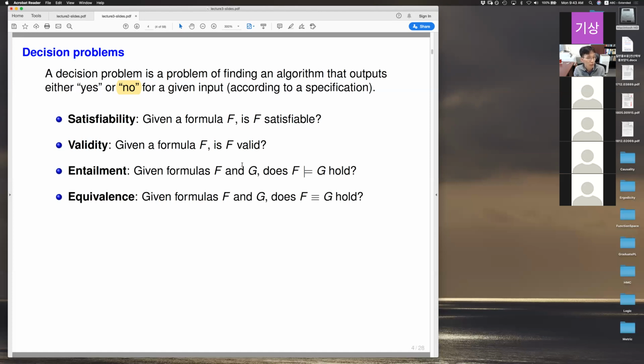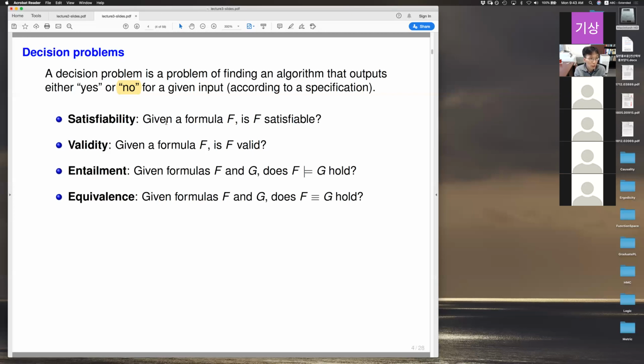Validity: the input is again a formula, and the output is whether the formula is valid or not. Entailment: the inputs are two formulas, and the output is whether the first formula F entails the second formula G. The last one is equivalence: again the inputs are two formulas, and we're checking whether these two formulas are equivalent or not.